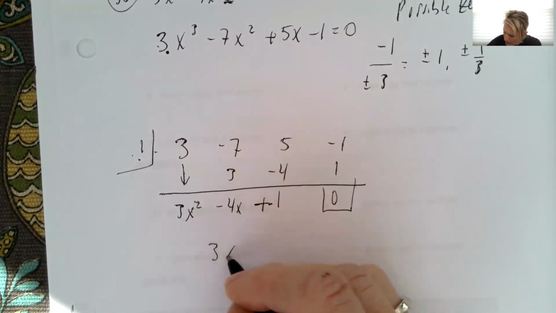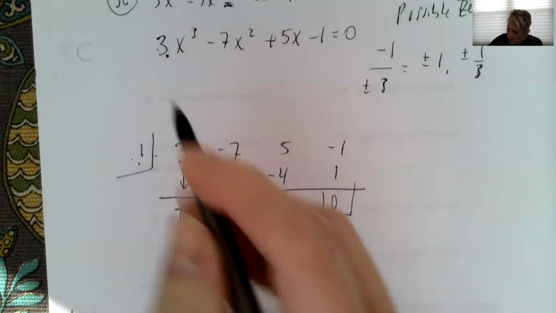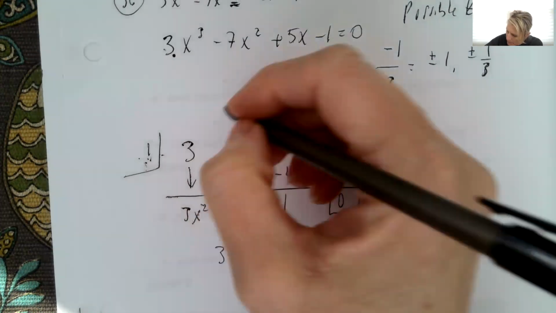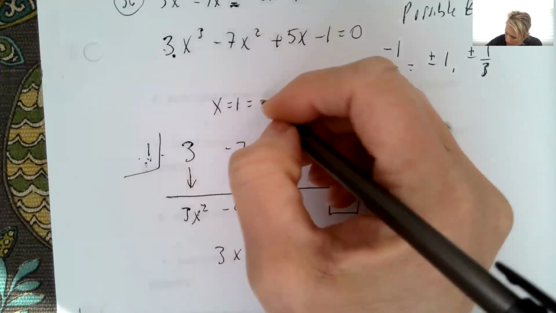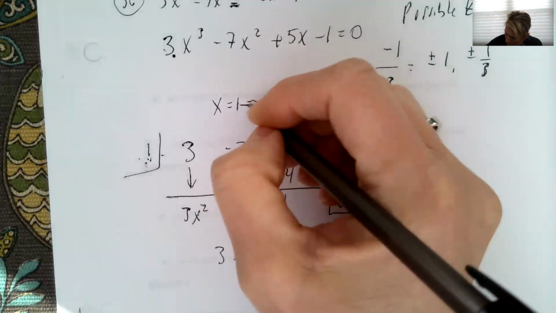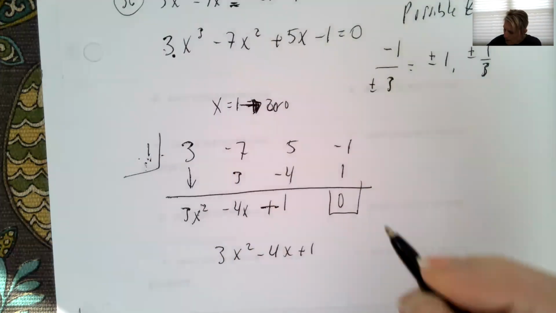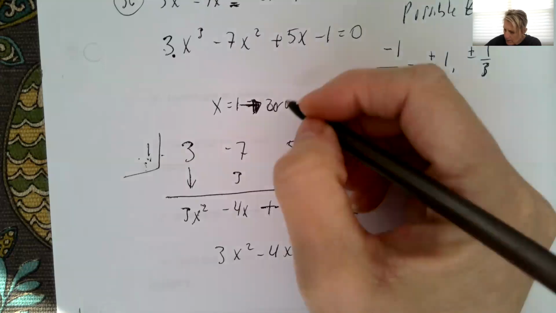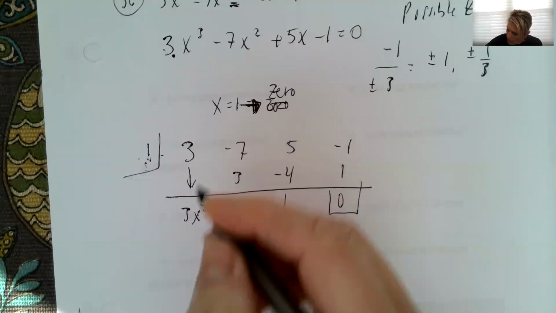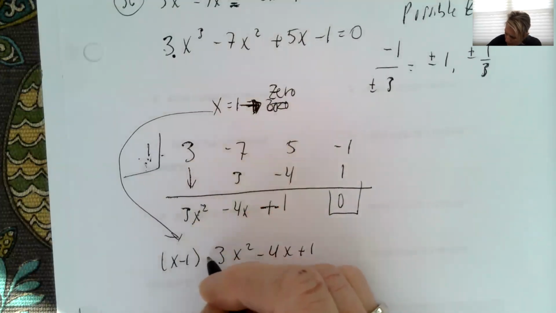So we have 3x squared minus 4x plus 1, times x minus 1, because we know that x equal to 1 is a 0. And so that means that x minus 1 is a factor.